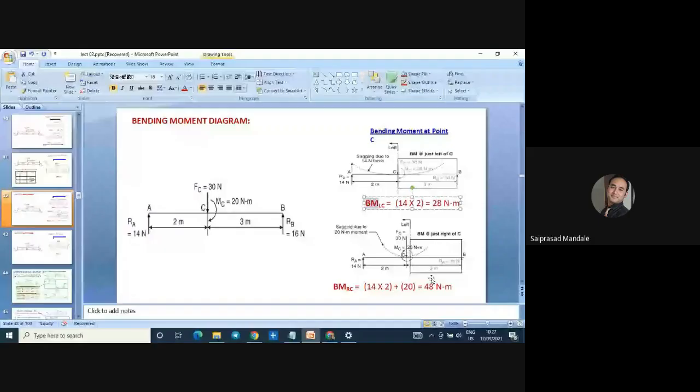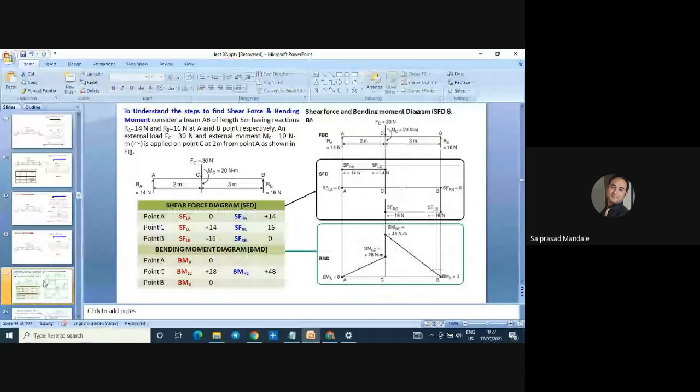Good. So now our next agenda is to draw the shear force and bending moment diagram. Let us move towards it. Now I have plotted all the calculations in a single table: left of A, right of A, left of B, right of B, and so on.